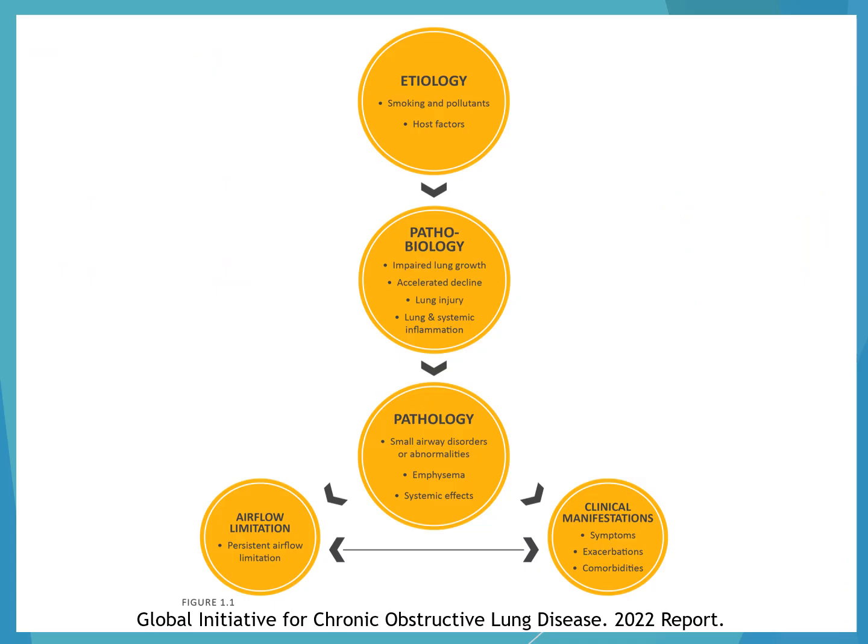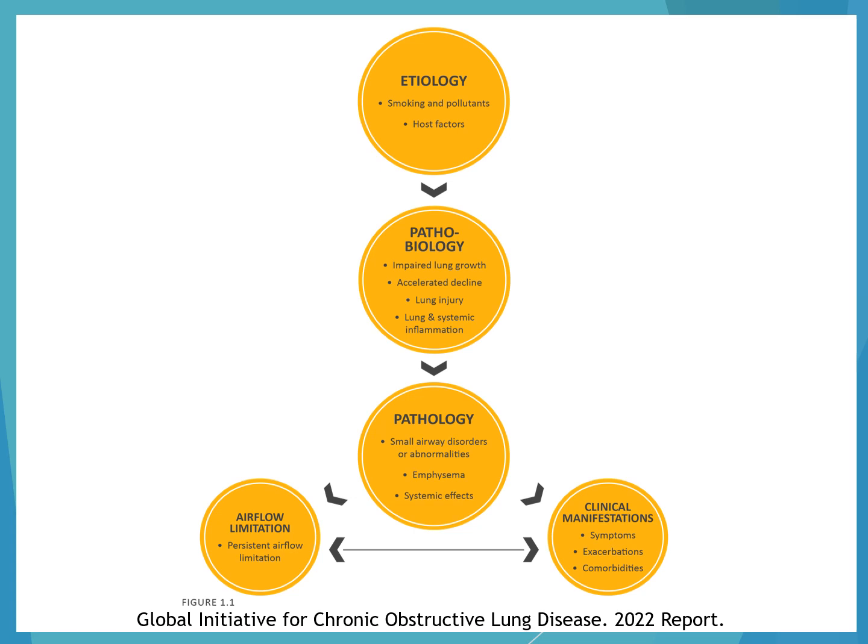So this flowchart is from the GOLD guidelines, which is the guidelines for COPD assessment and treatment. The etiology, starting at the top, explains some of those risk factors that we just went over, such as smoking. Most patients with COPD will have had some kind of exposure or have been a smoker, current smoker, or if not, exposed to some type of pollutant or other host factors.